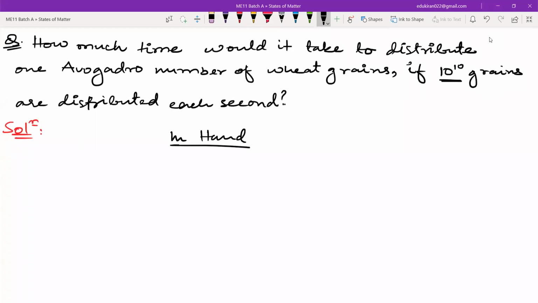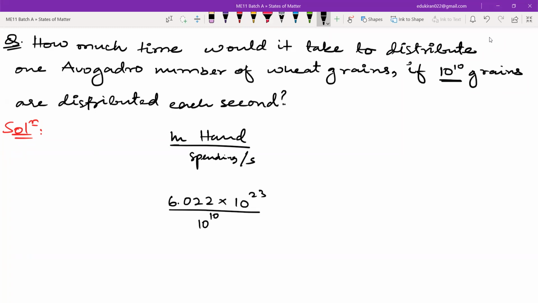So you have in hand some quantity and you're spending per second, right? So in hand you have how much? 6.022 into 10 to the power of 23, divided by 10 to the power 10.